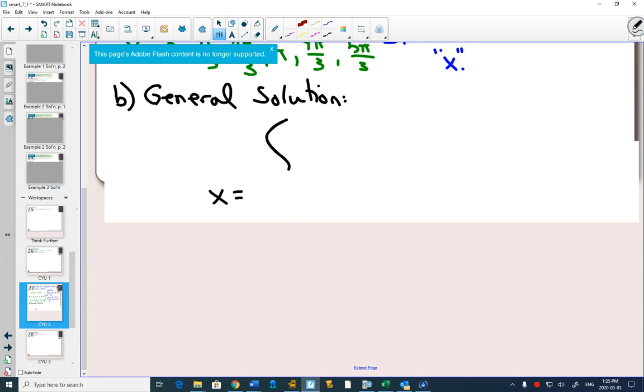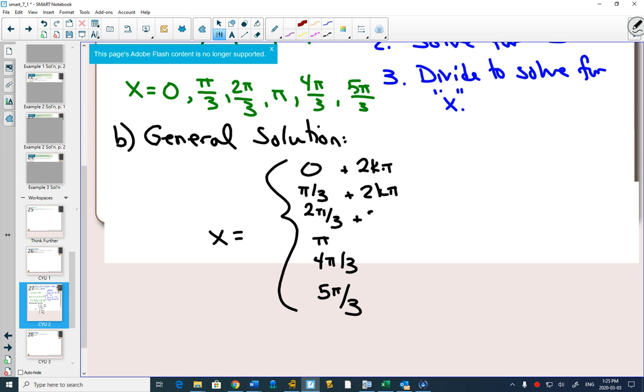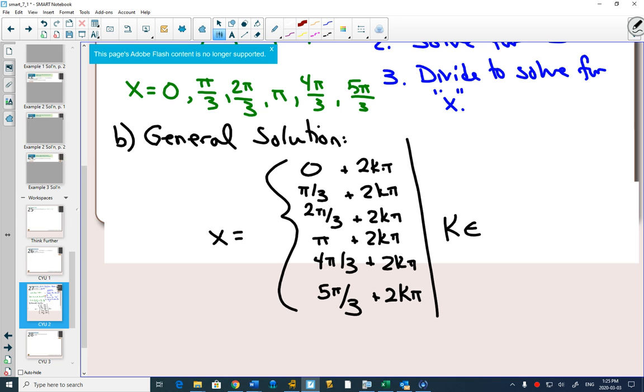And so our general solution then is take all of your answers that you have from 0 to 2 pi, which is 0, pi over 3, 2 pi over 3, pi, 4 pi over 3, and 5 pi over 3, and add 2k pi to each of them, where k is an integer. And then we've written the general solution.